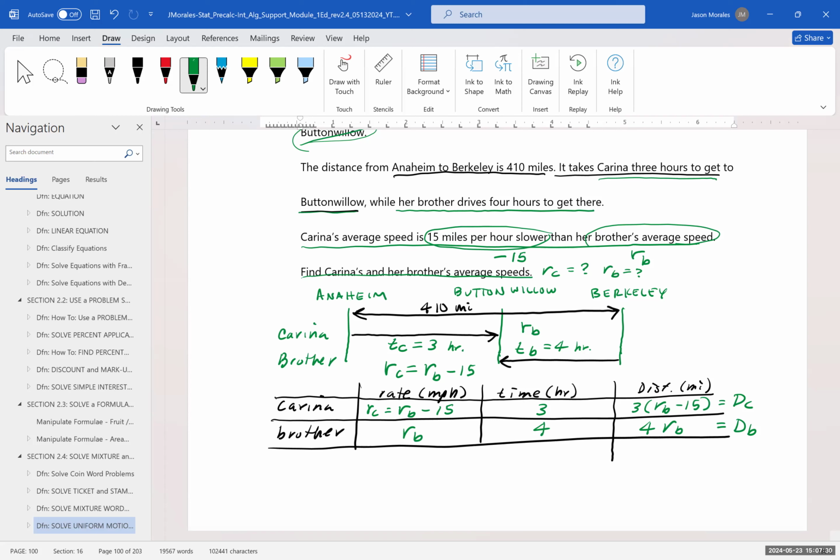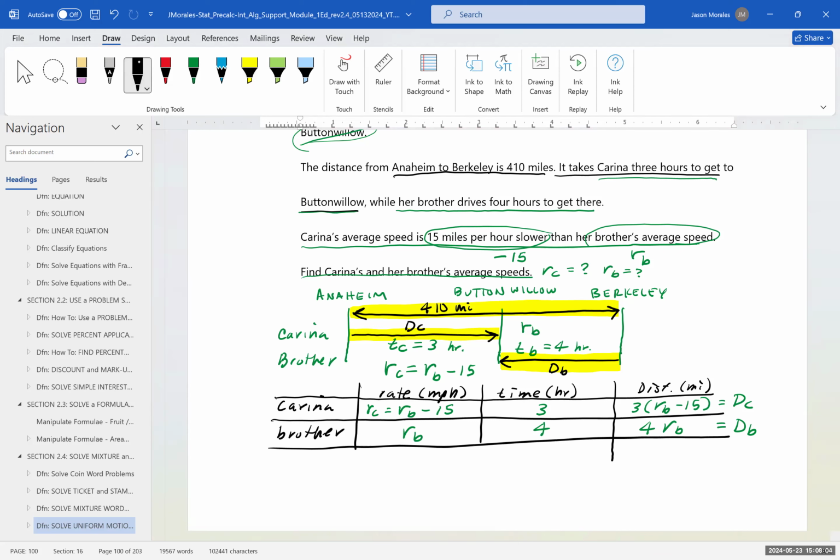So a relationship here to notice is that if we take Karina's distance and add that to her brother's distance, that's going to equal this total distance from Anaheim to Berkeley.